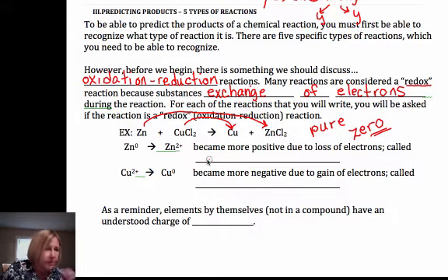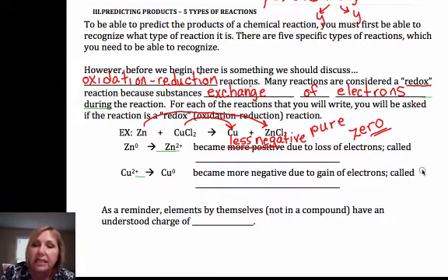Now, I don't personally like the way we phrase this. I like to talk about whether it's becoming more or less negative. So instead of saying more positive, I like to say less negative. That may seem like a subtlety that isn't important, but I think it is, because what we're gaining and losing are negative electrons.